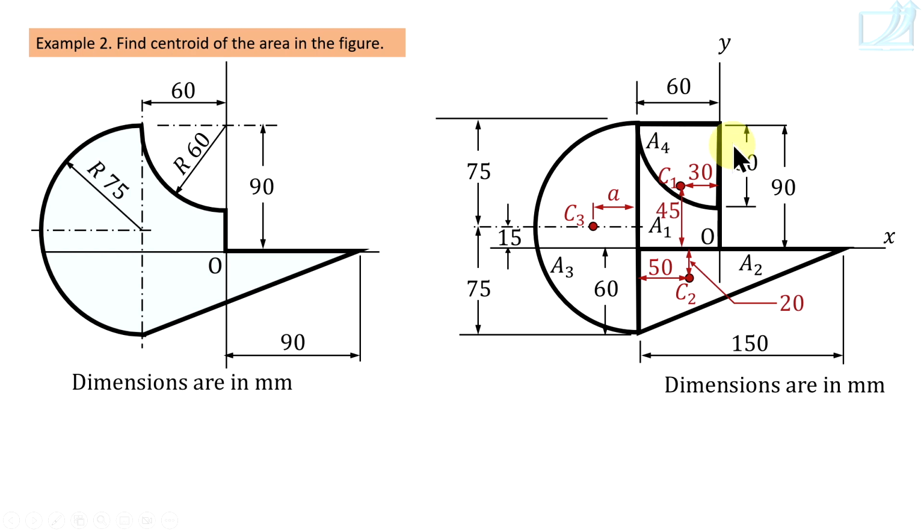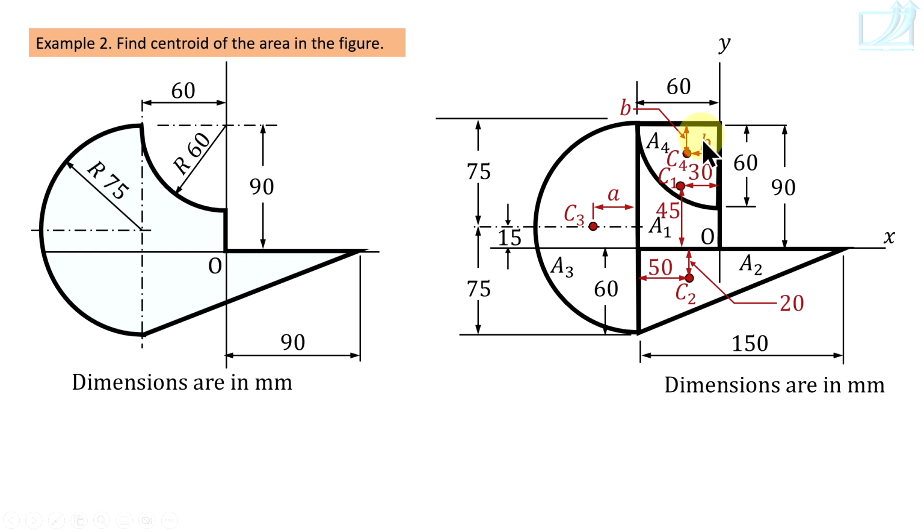Fourth area is the quarter circle. Focus on that quarter circular area and somewhere here the center of the quarter circle is C4. What do you know about the centroid of a quarter circular area? From its straight edges, 4r by 3 pi. So this distance is 4r by 3 pi. This vertical distance is also 4r by 3 pi. We'll have to calculate it.